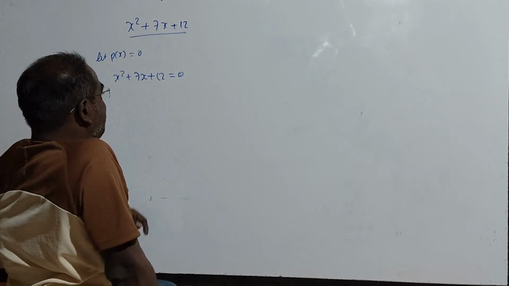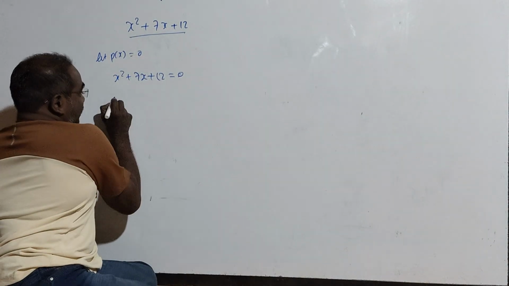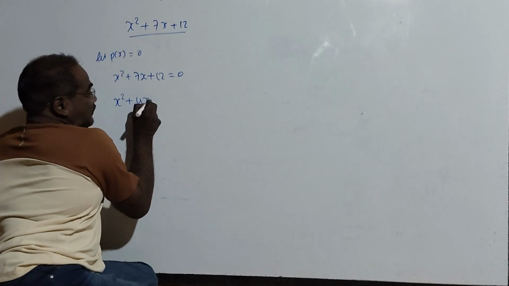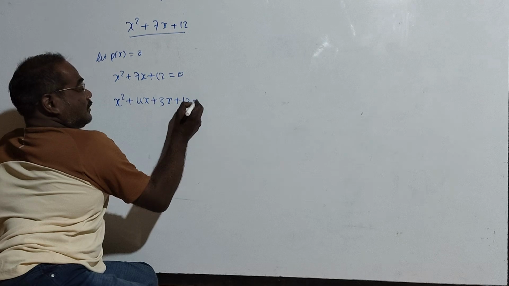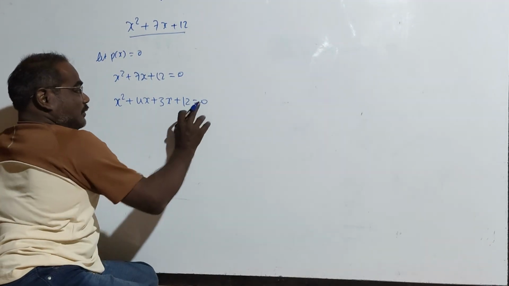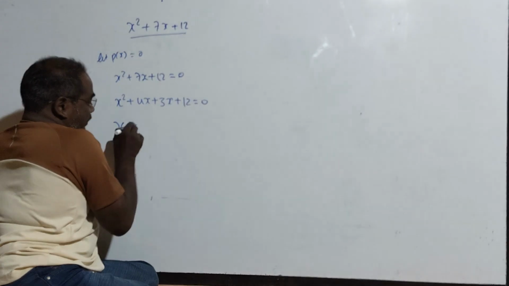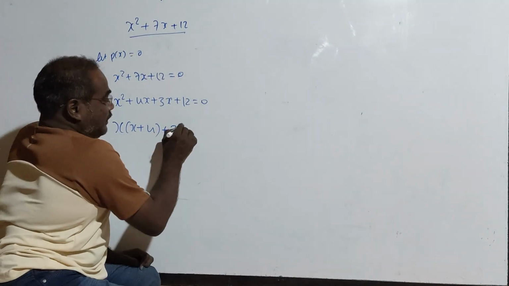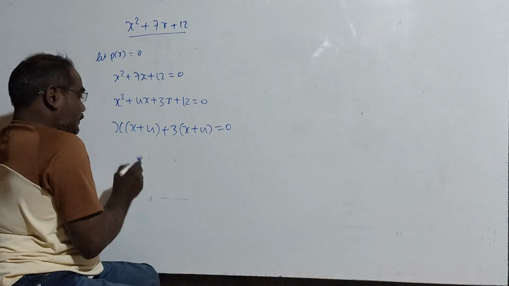Product 12, sum 7 means 3 4s are 12. It will become x square plus 4x plus 3x plus 12 equal to 0. So if I take x common, it will become x plus 4. If I take 3 common, in the bracket x plus 4 equal to 0.